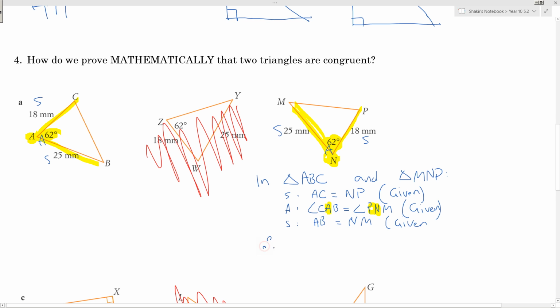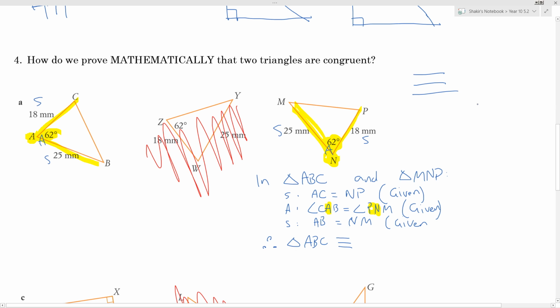So we write, therefore, triangle ABC is congruent to. Notice, there are 3 of these lines. When something is equal, we just write like this. When they're really equal, we write like that. That's a bit of a joke, but it actually just means is congruent to, rather than is equal to.